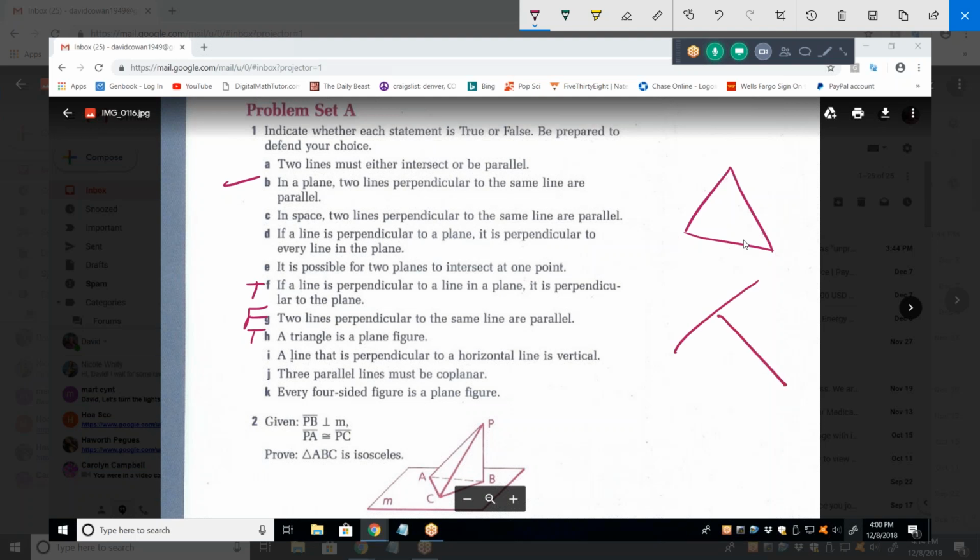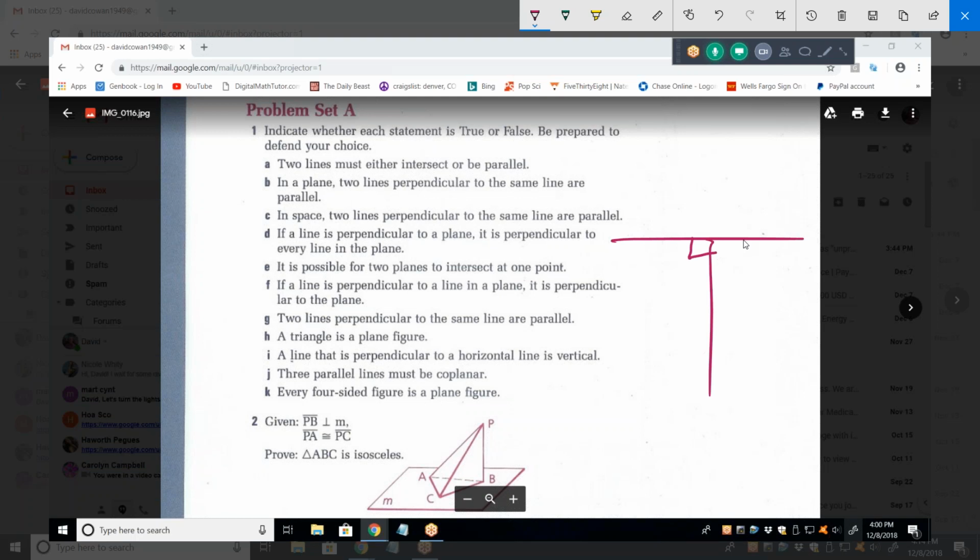Well, there's a line perpendicular to a horizontal. Oh, I hate these questions. I really do, because yes, that is true. There's a horizontal line, and if I draw a line that's perpendicular to that horizontal line, that is a vertical line.